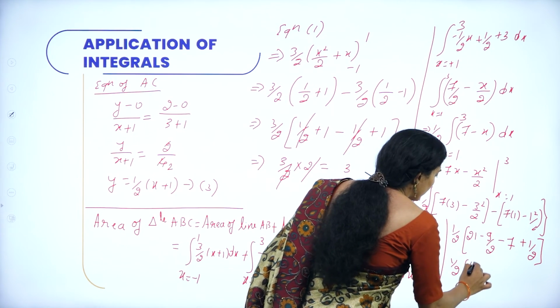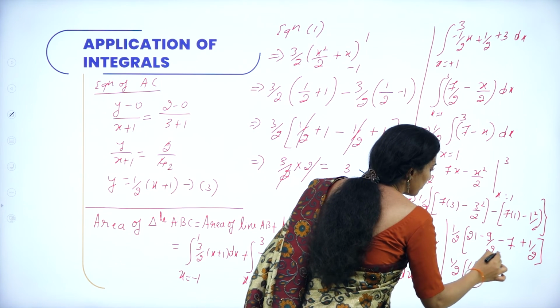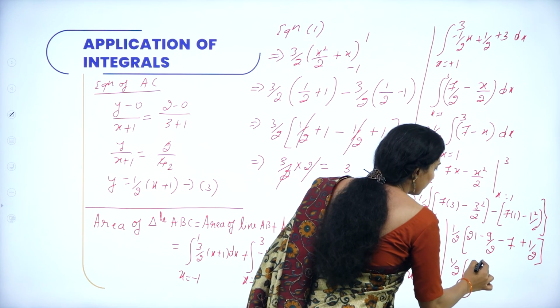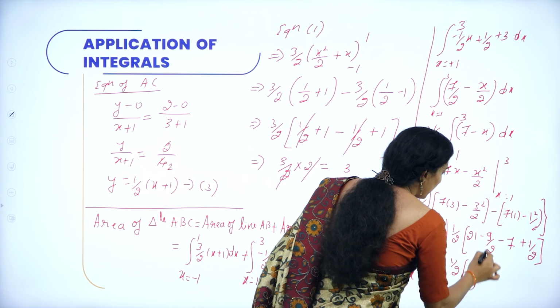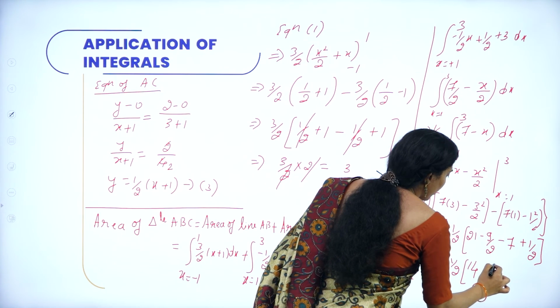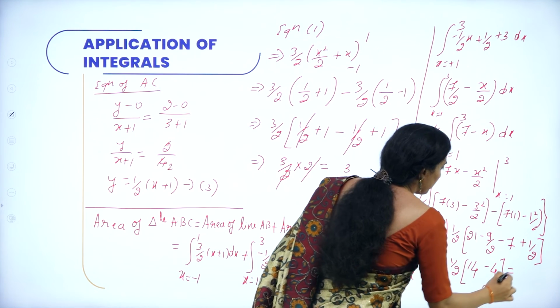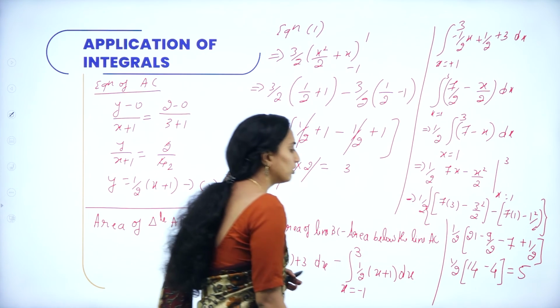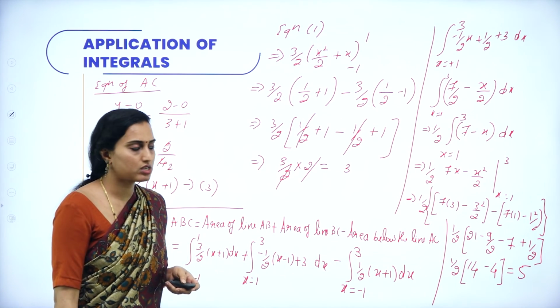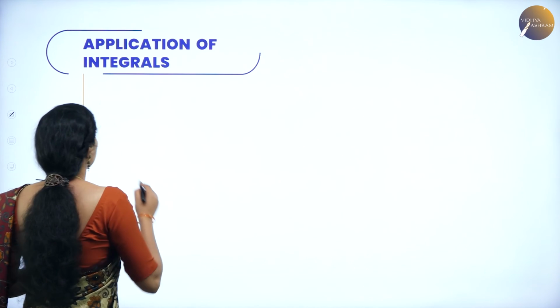So 14, here if you take LCM as 2, minus 9 plus 1 is nothing but 8, minus 8 by 2 which is nothing but minus 4, correct? So 14 minus 4 gives you 10, 10 by 2 is nothing but 5. So therefore 5 units.